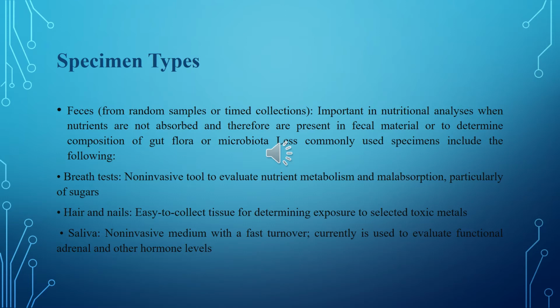In kidney diseases, especially when protein losses increase, or in liver diseases, we use this specimen or this test. Another is a breath test for abnormal metabolism, to check metabolism and malabsorption.